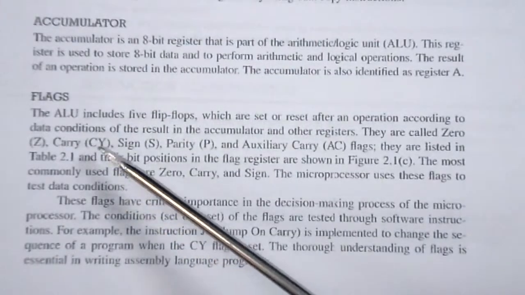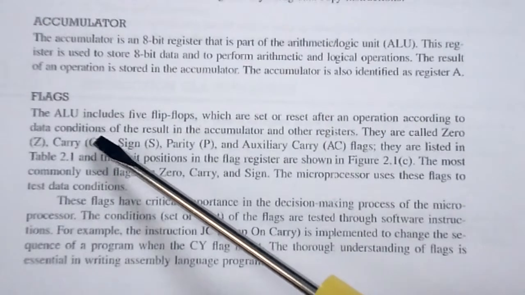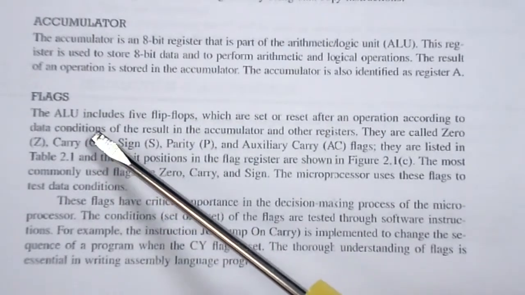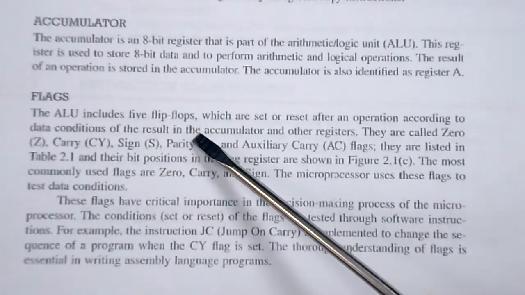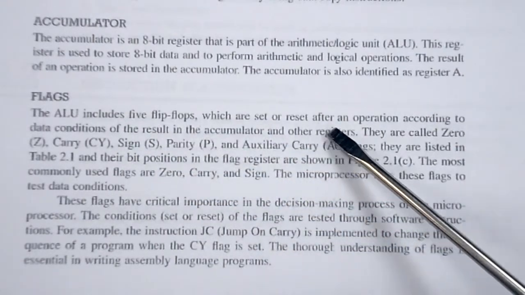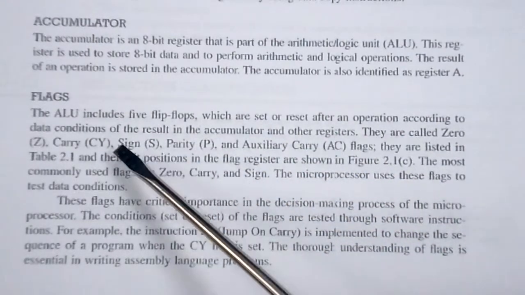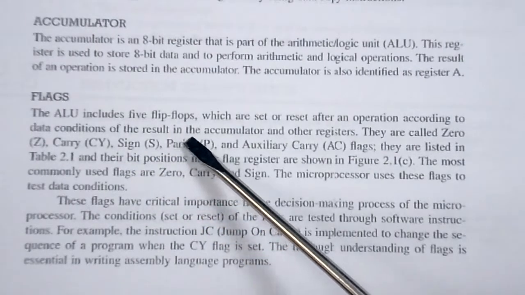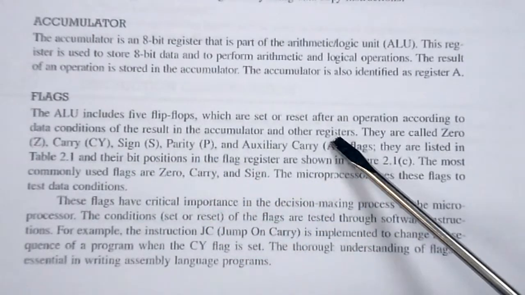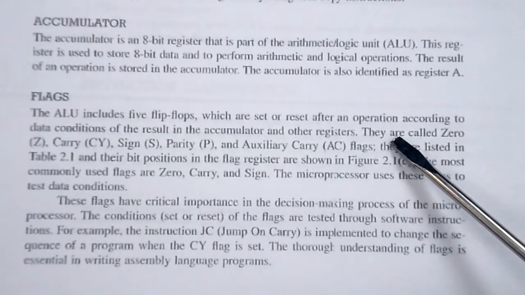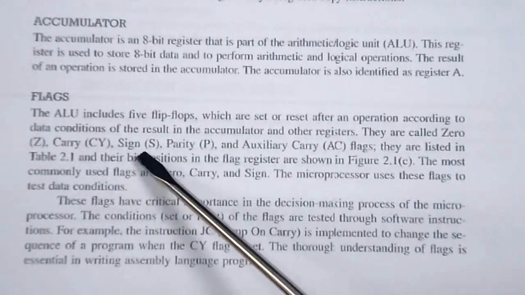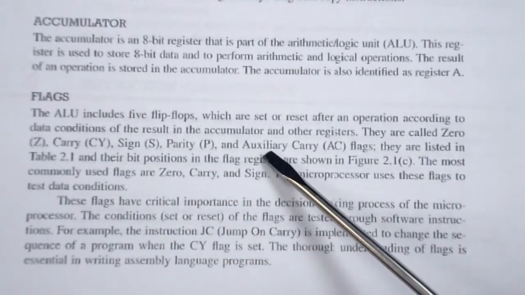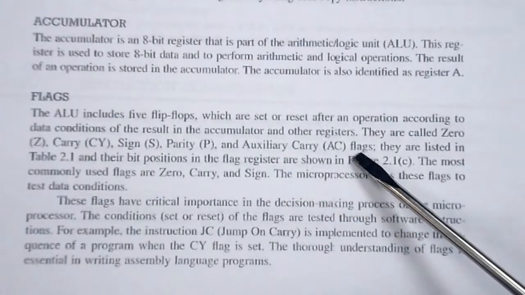On page 33, they have a fair size write-up on flags. It says the ALU includes 5 flip-flops which are set or reset after an operation according to data conditions of the result in the accumulator and other registers. They're called the zero, carry, sign, parity, and auxiliary carry flags.